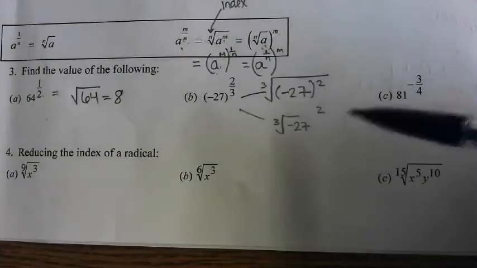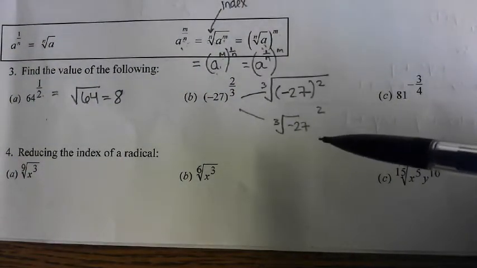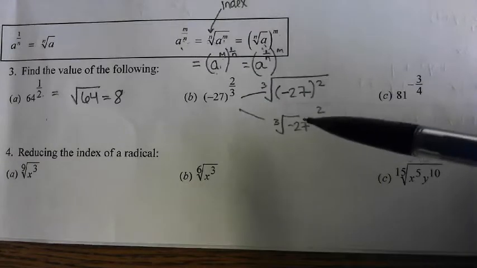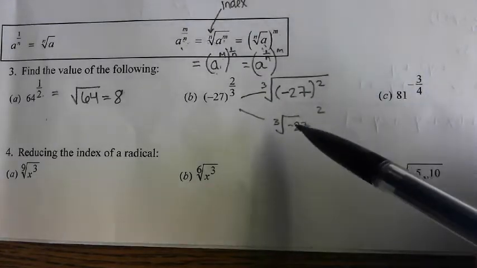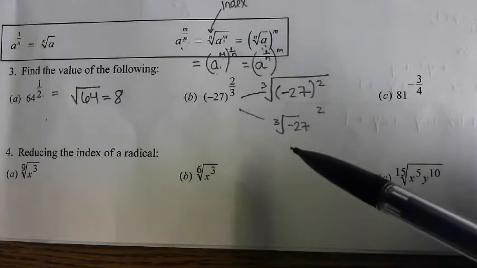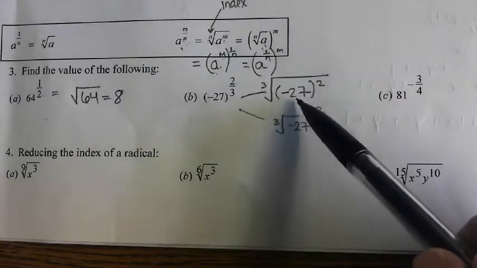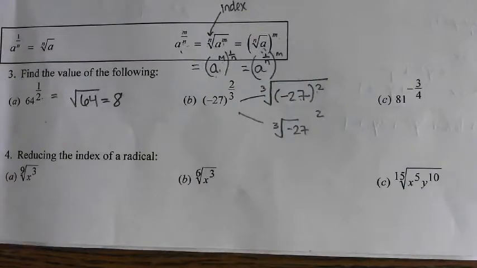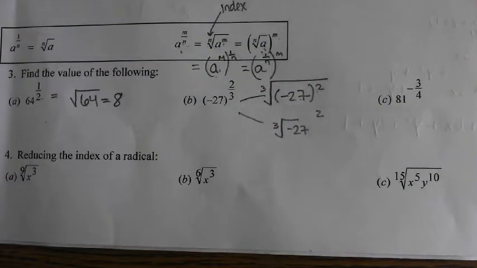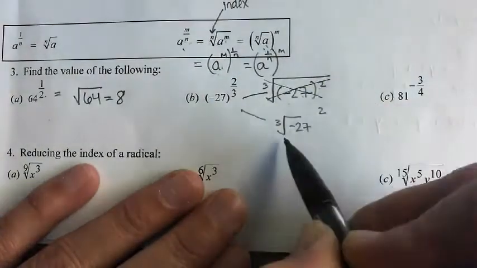My advanced pre-calc kids can't have calculators, so when I teach this, I always teach, take the root first, because you're going to shrink it before making it explode. If you tried to do -27 squared, you'd have to do a whole long laundry list of multiplication, and then you'd have a humongous number, and you'd be trying to find the cubed root of it, which doesn't really work out.